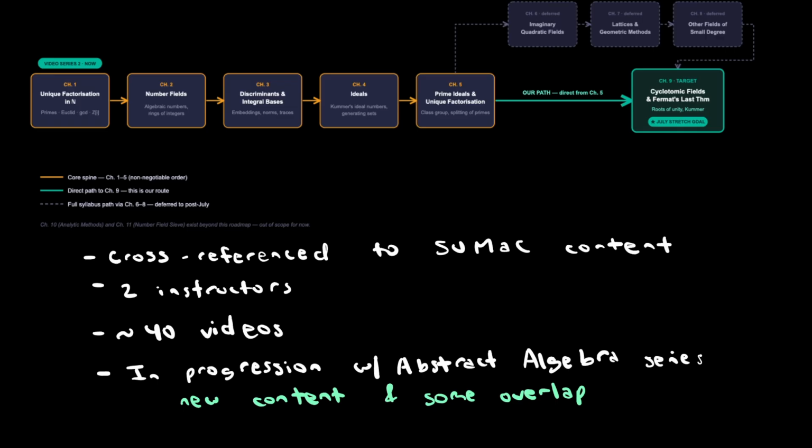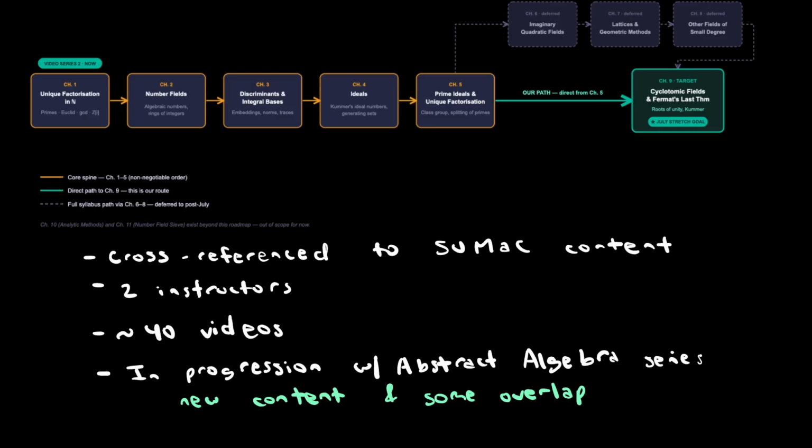But before we open the book and discuss any content, here's the map. We're going to be building a five-chapter spine on unique factorization, number fields, discriminants, ideals, and prime ideals, ensuring that the foundations are completely solid, because chapters 1 through 5 are pretty fundamental and nothing after them works without them.